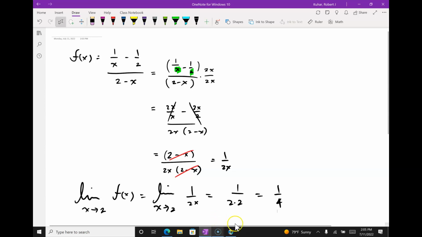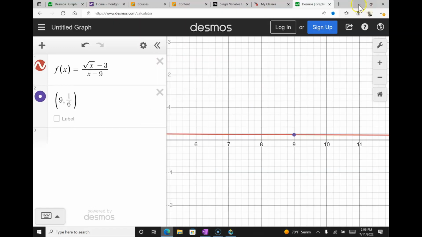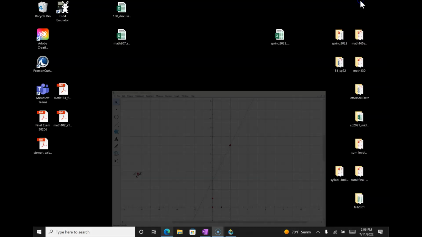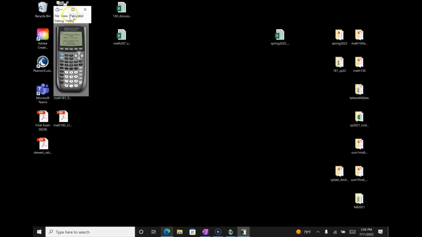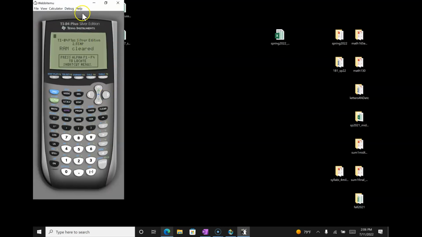I want to check this graphically. I'll do it on my calculator so you can see it. If you need me to go back, tell me. I know this is tough to see.